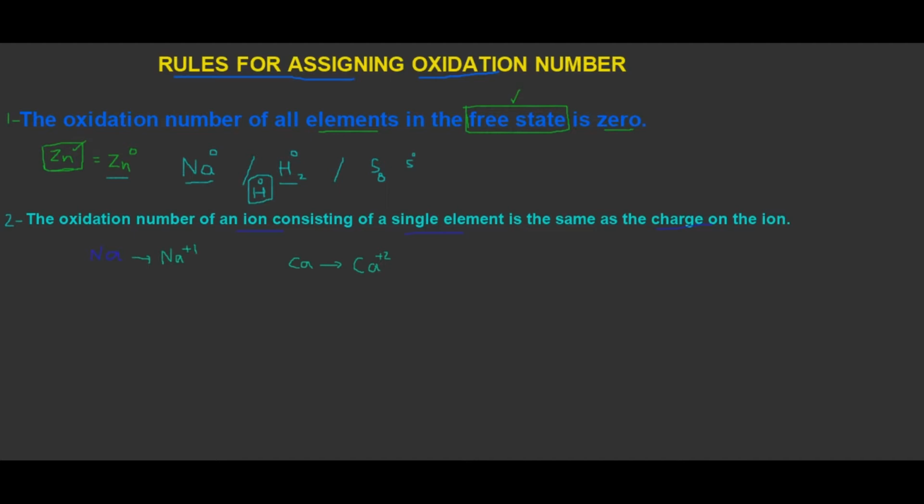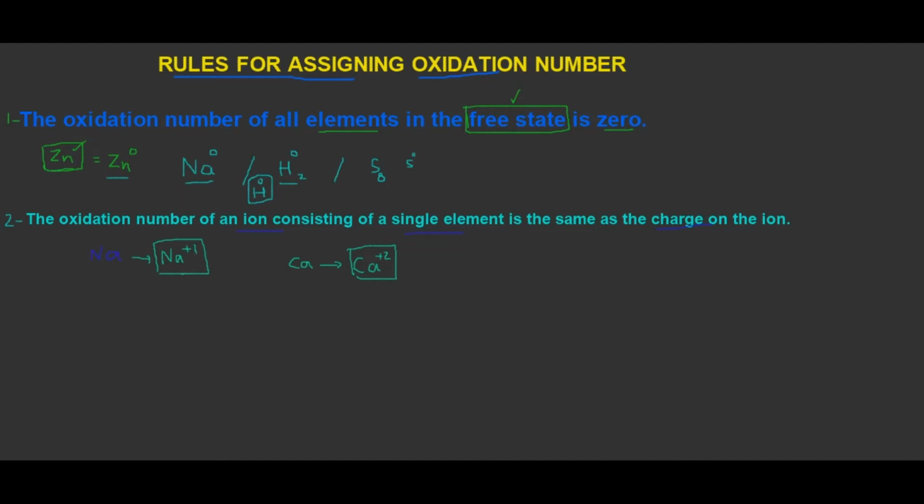So whenever you have a simple ion, these are known as simple ions. Sodium ion is a simple ion. Similarly, calcium ion is a simple ion. So in a simple ion, the oxidation state is the same as its charge. For example, the oxidation state of sodium ion Na+ is positive 1, and similarly for calcium it is positive 2.